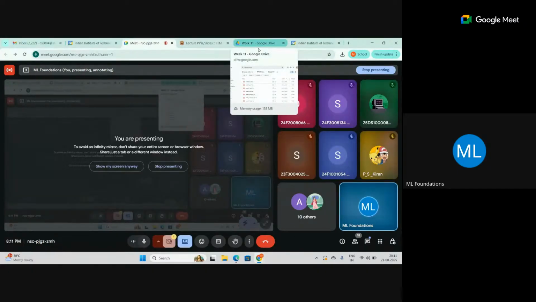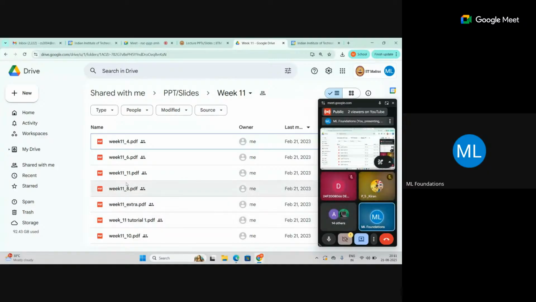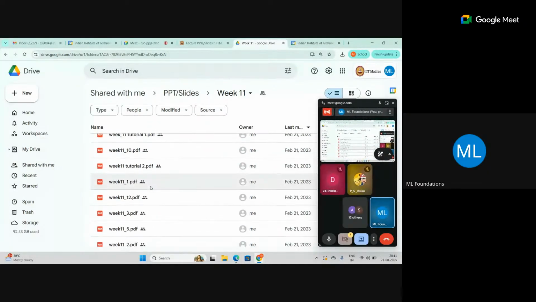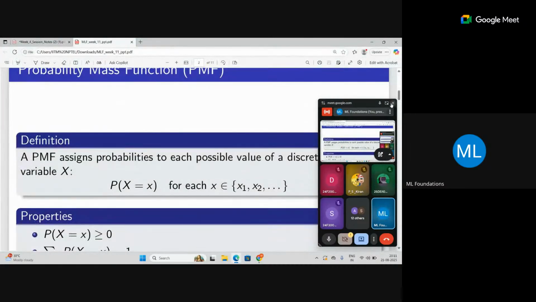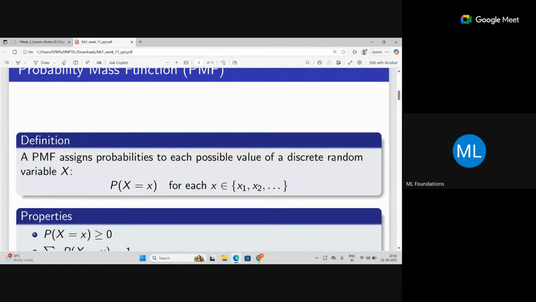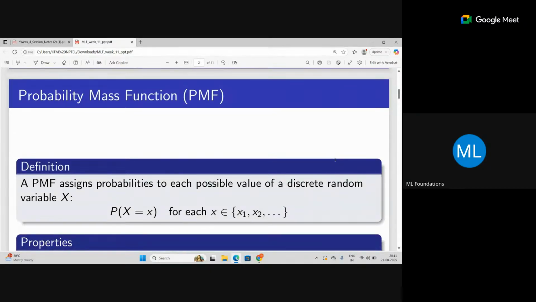What are the concepts in week 11? Majorly the random variable, I think. What is a random variable? Can you just define the random variable for me? It's a function, basically, sir. It takes an event and maps it to a real number. Okay, fine.